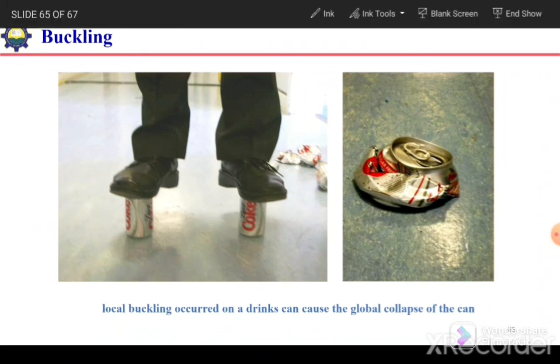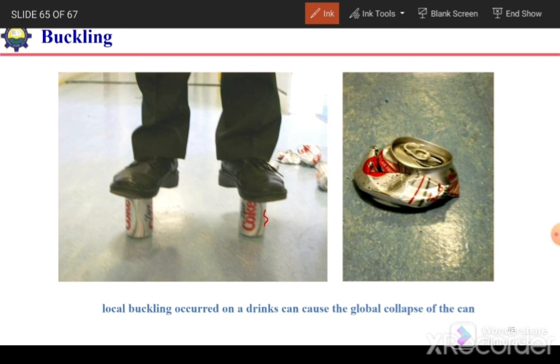The other type of buckling is local buckling. If a structure buckles locally, the buckling of this member at some point will cause the collapse of the whole structure.